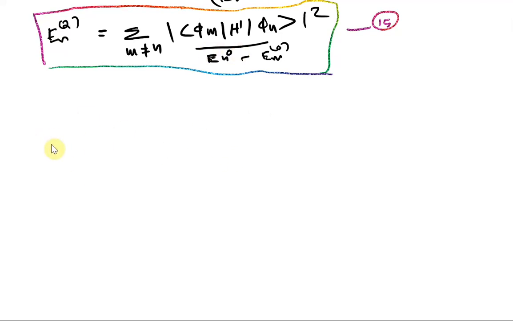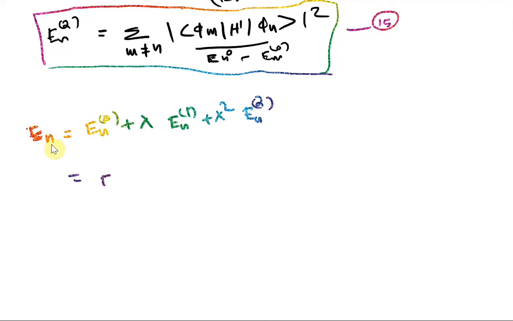What is the energy correction with this second order energy correction? Incorporating that, the state energy is going to be En is equal to En0 plus lambda En1 plus lambda square En2, etc. We will deal up to here.